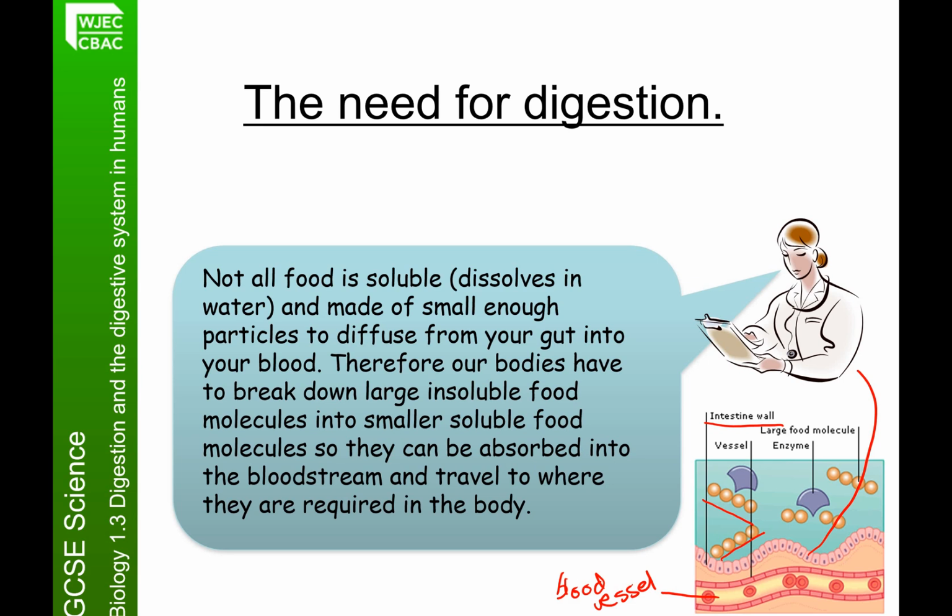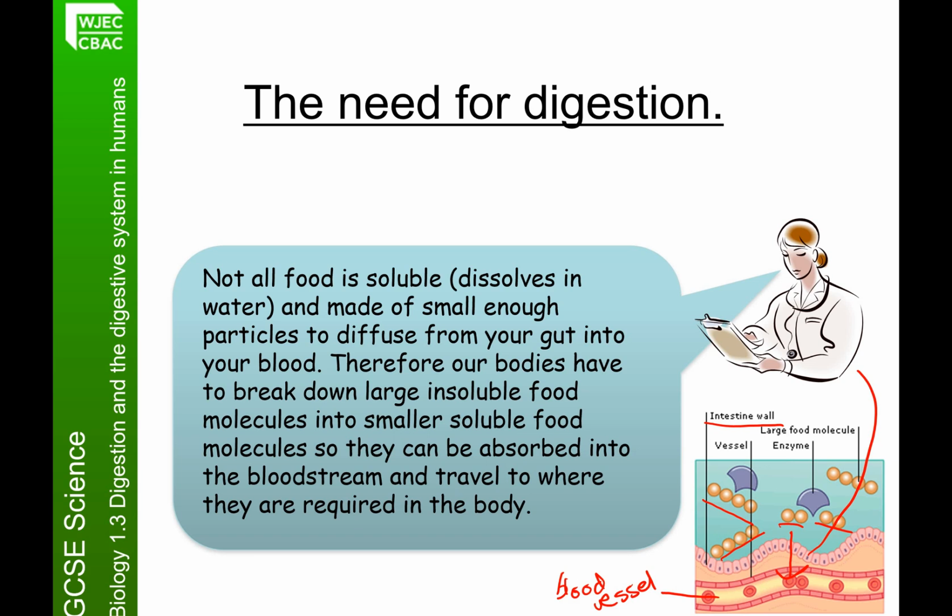They are large insoluble molecules. Starch, protein and fat would be large insoluble molecules. They need to be broken down into smaller molecules so that they can fit through the wall of the small intestine into the blood vessel. Once they're in the bloodstream, then those molecules can be taken to wherever they need to go within the body.